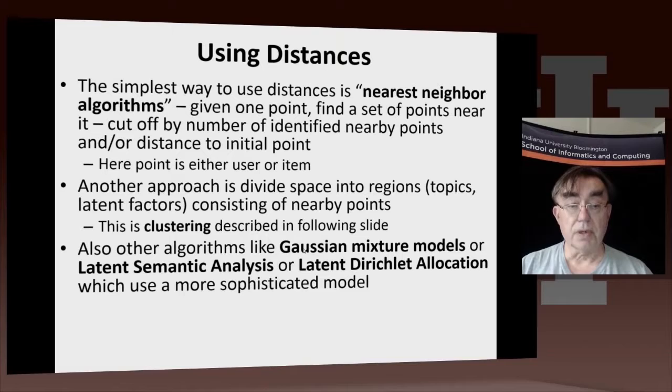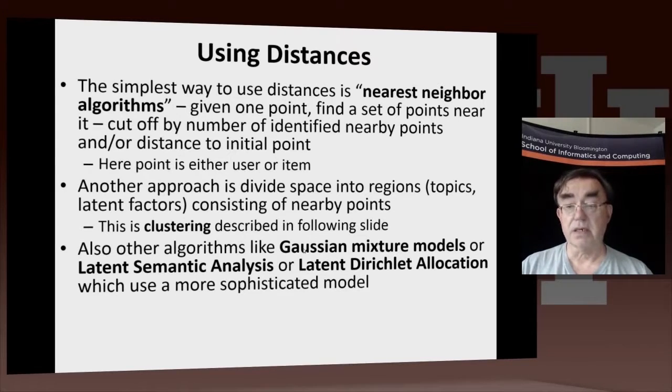Another important approach, which we also have intuition for, is to divide the space into regions. We're always thinking of spaces divided into regions. Those regions are things like so-called latent factors or topics, and they're equivalent to the regions in spaces we're familiar with. And there we use technology called clustering or Gaussian mixture models, latent semantic analysis, latent Dirichlet allocation.